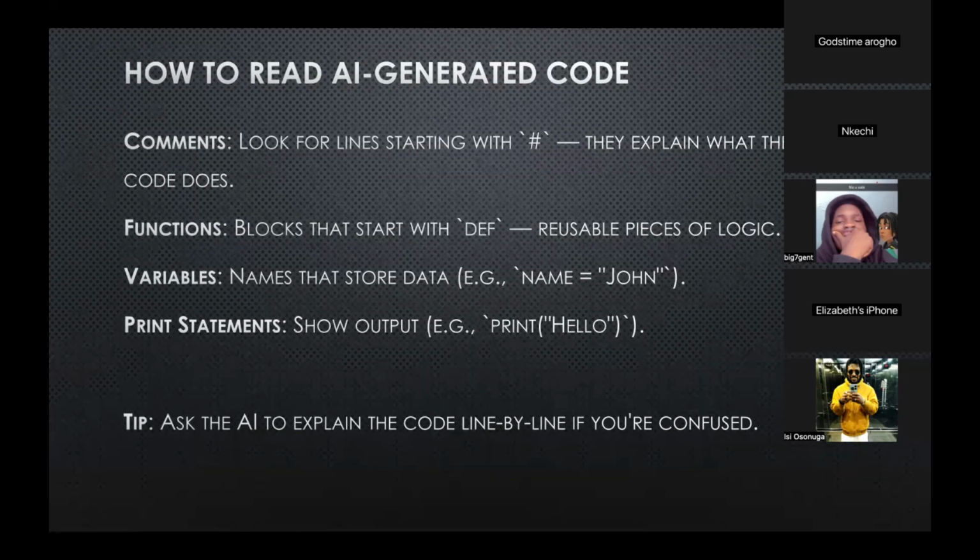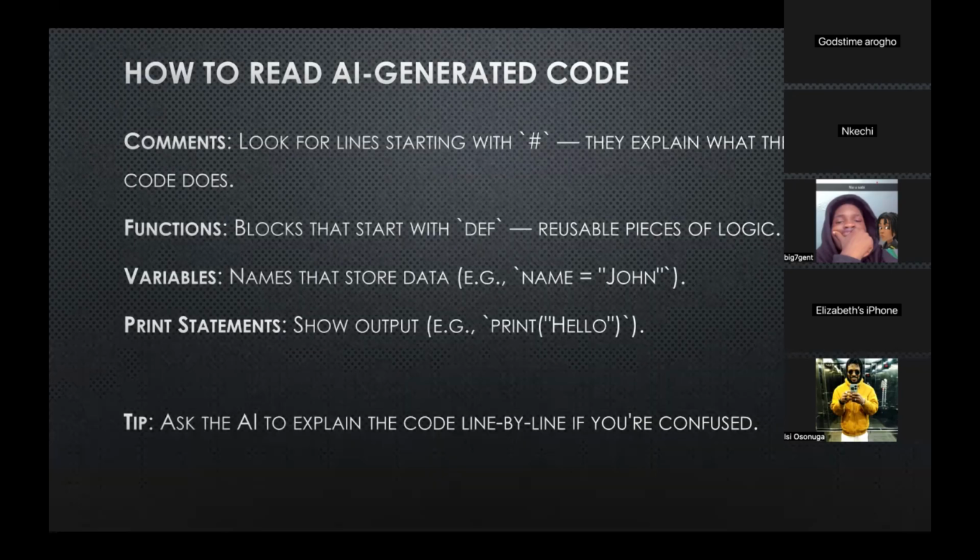There you can type your guidelines on what the code that follows is going to be doing. So hash is a comment. Anytime you see a hash in your code, just know that the AI is explaining what the logic or the code below does. So when you look for lines that start with a hash, they explain what the code does exactly.